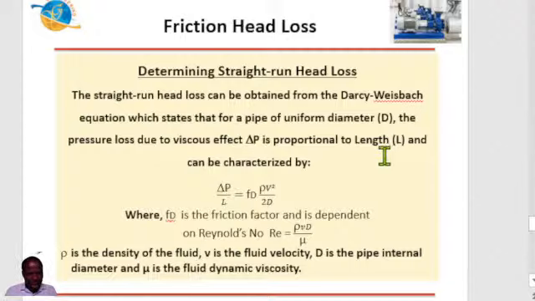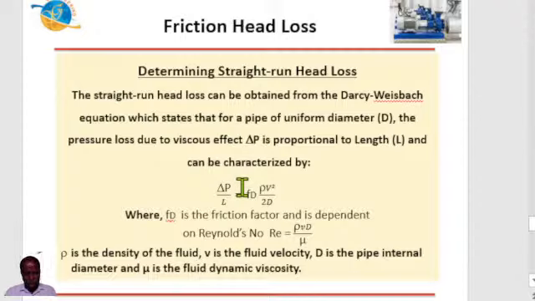Your L is the length of the pipe. Your fD, according to the Darcy-Weisbach equation, is the friction factor. And if you can recall, the friction factor is dependent on the Reynolds number. For you to get your friction factor, it is dependent on what?